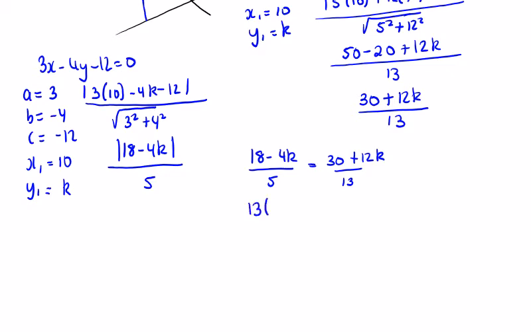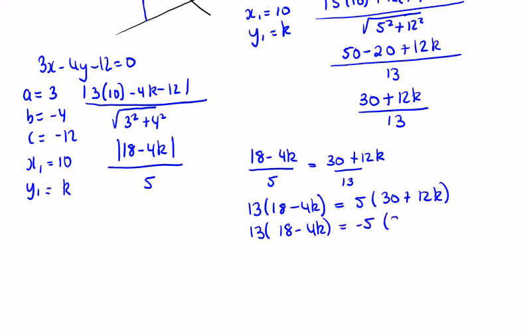Or we can cross multiply: 13 by (18 - 4k) is equal to 5 times (30 + 12k). This is probably easier than squaring both sides. We also take the minus version of one of the sides, -(30 + 12k). So these are my plus and minus versions with these absolute values. So I'll take the first one over here.